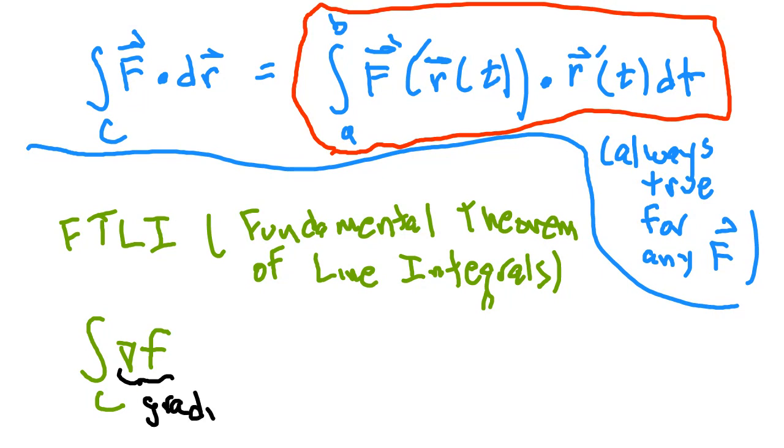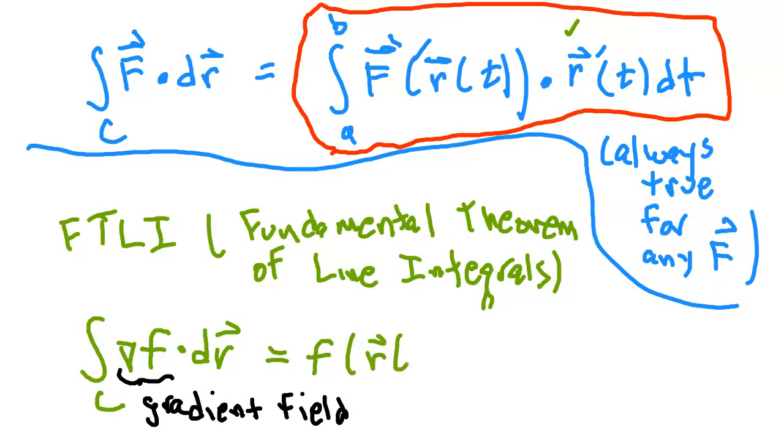It's a vector field, but it's a gradient field. If you're going to compute that line integral, you don't need to do this up here. All you need to do is evaluate the function at the endpoint of the space curve, evaluate the function at the beginning point of the space curve, and take the difference.